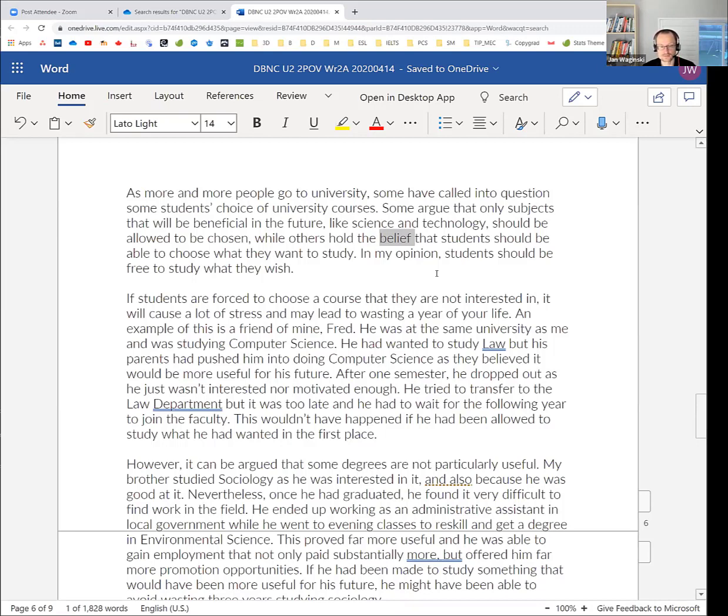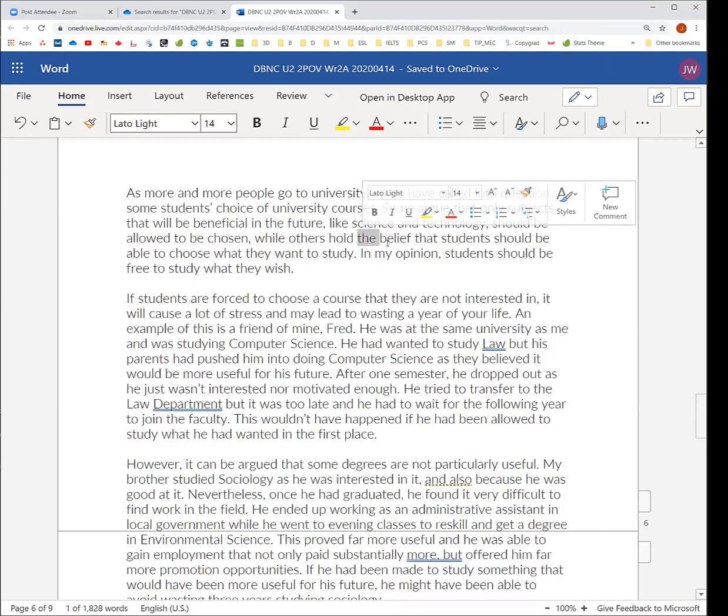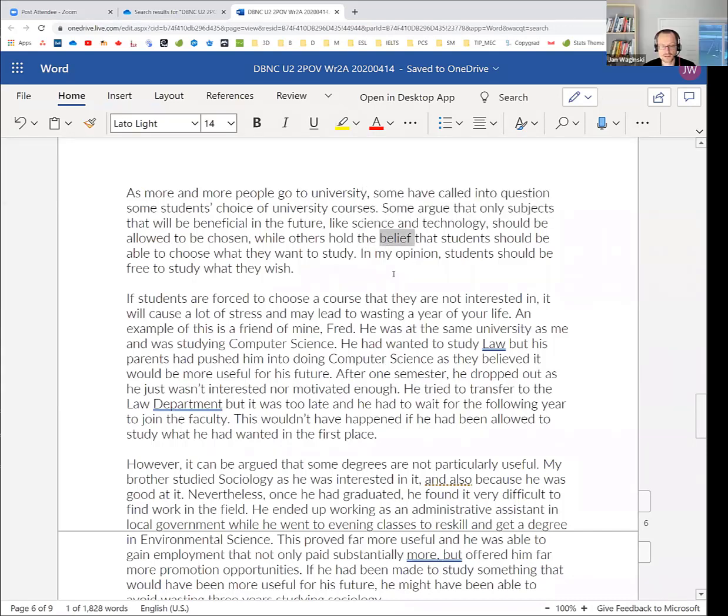What is it? Good question. Well, the clue is this word: the. So this is probably a noun. Yeah, it's a noun. So belief with an F is the noun version, whereas I believe your story is I-E-V-E. Exactly. I believe, and the belief. Okay, I'm going to Google it.